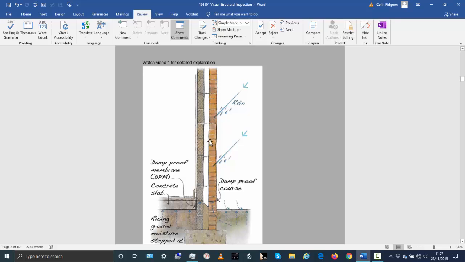It'll basically fall down and be pushed back to the outside at the bottom of the cavity. So you have a barrier there, which is your cavity, which stops moisture penetrating.